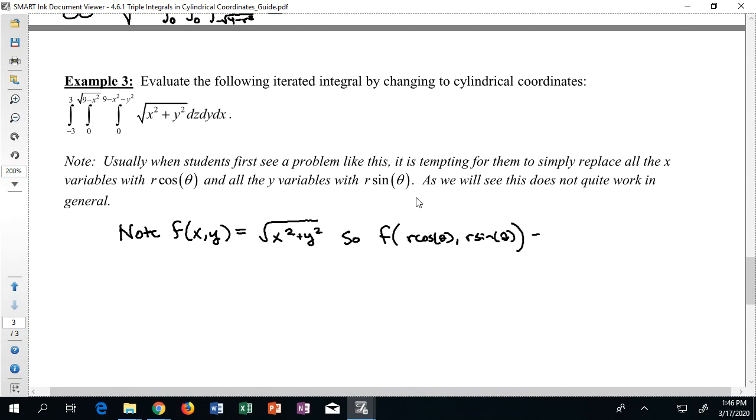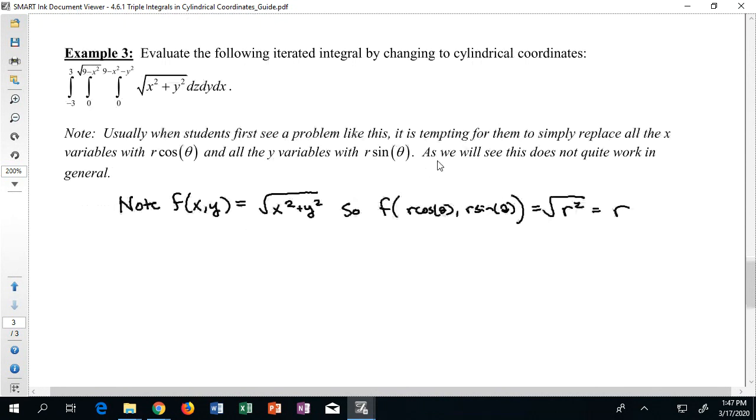If I converted this to polar, this should just be the square root of an r squared, also just known as an r. I don't have to worry about absolute value here because r is always treated as a positive value. Okay, so this makes things look pretty nice.